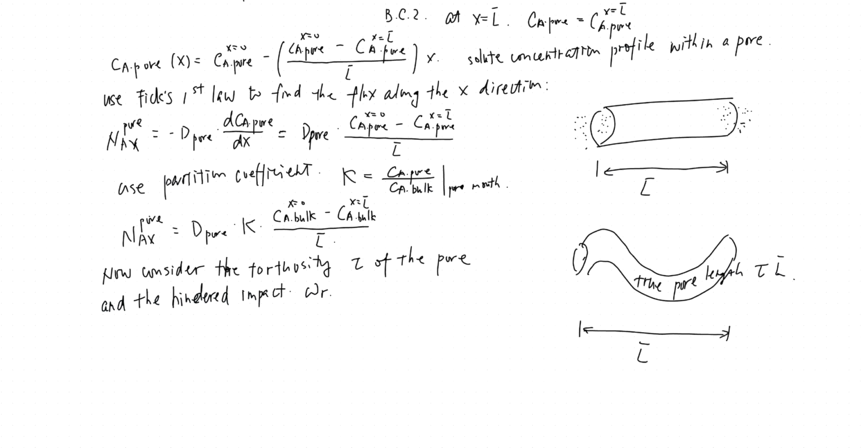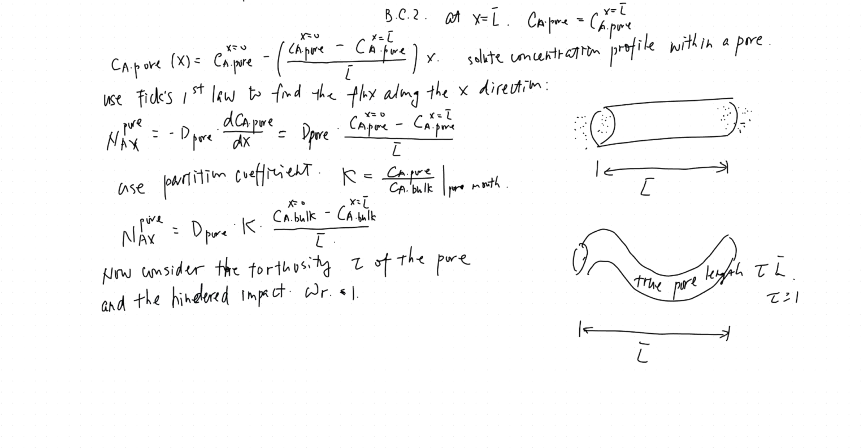Omega is a factor which is less than or equal to 1. The tortuosity is always larger than or equal to 1. So the hindered effect means how it reduces the diffusion coefficient because of the interaction.